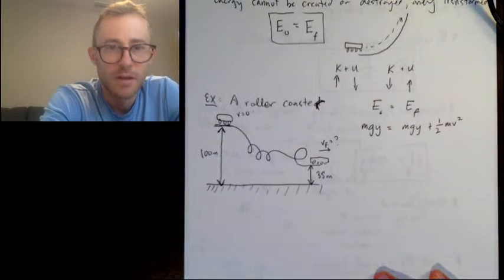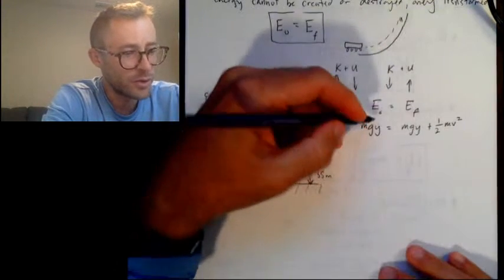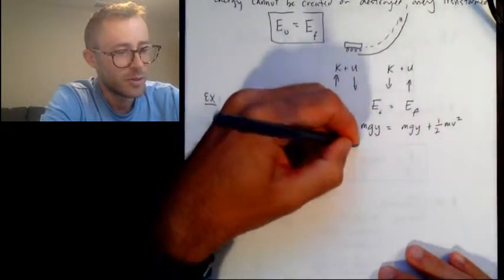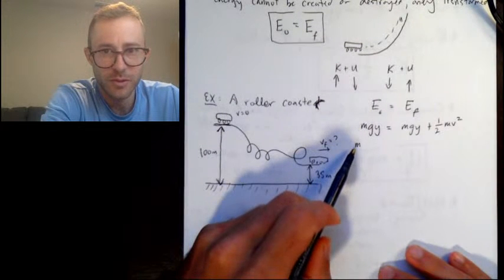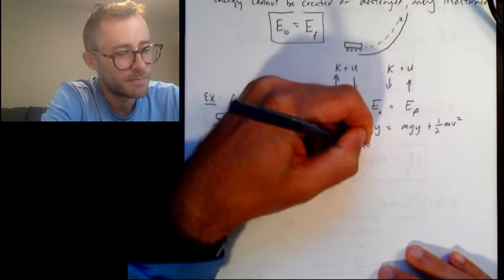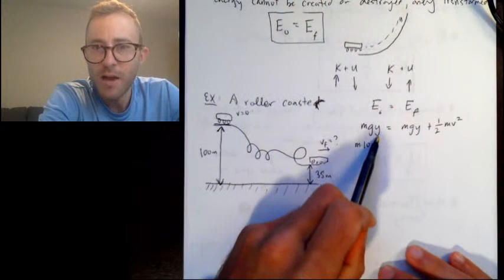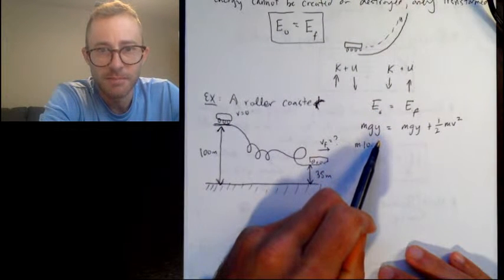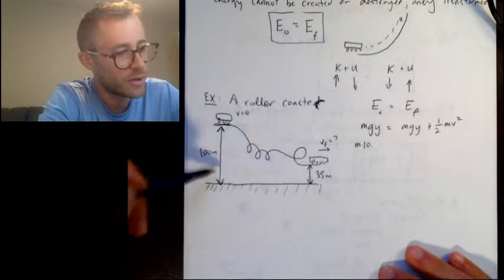All right. So let's plug in some numbers. So initially, we don't know what the mass is, so I'm just going to leave it as a variable. Gravity is 10. The y value, to start out, is 100.